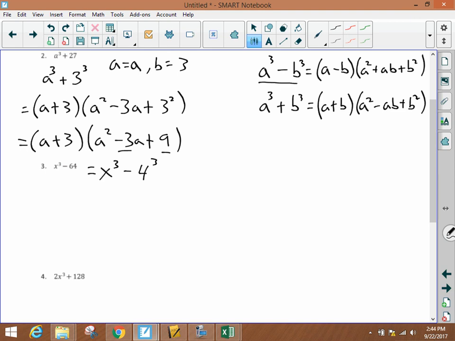So in this case, A is x and B is 4. So I'll plug that in there. So this is going to be x minus 4 times x squared plus 4x plus 16, because 16 is 4 squared. There it is. Done.